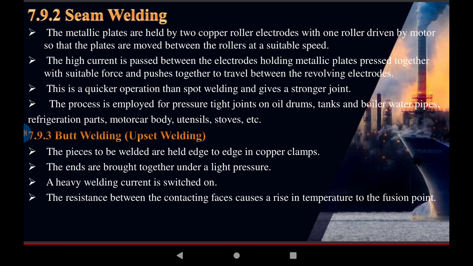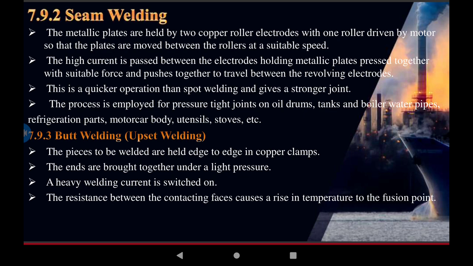In seam welding, the metallic plates are held between two copper rolls used as electrodes, one of which is driven by a motor so that the plates move between the rolls at a suitable speed.